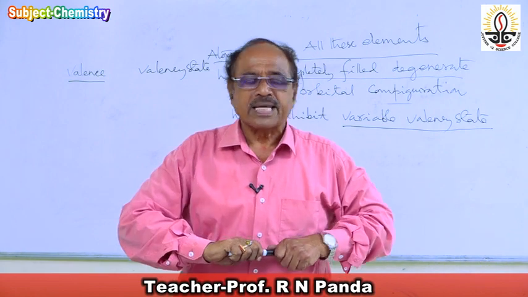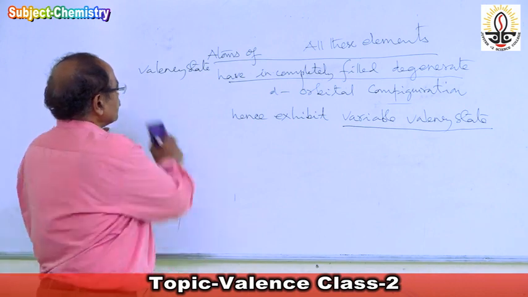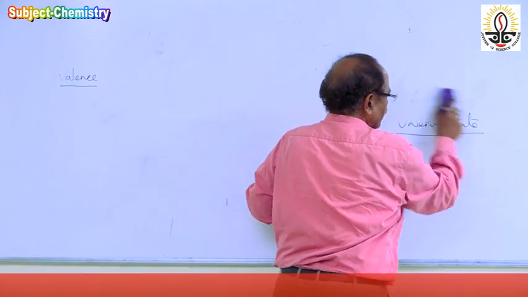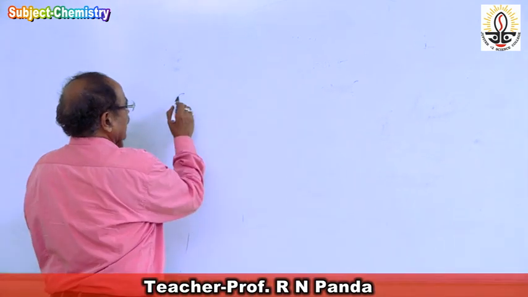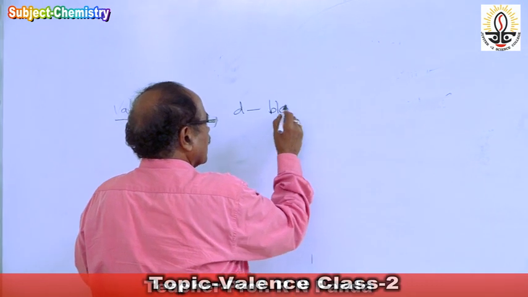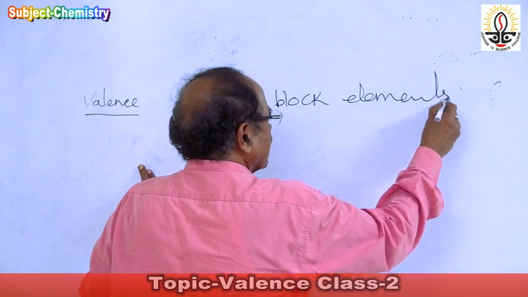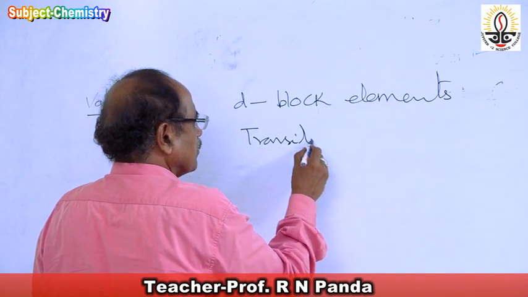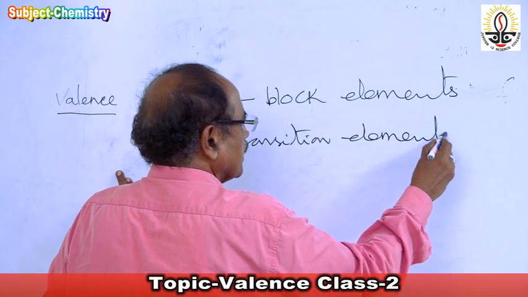So all these elements exhibit variable valency, all these d block elements of the periodic table. They are transition metals. All the d block elements of the periodic table are called transition elements.